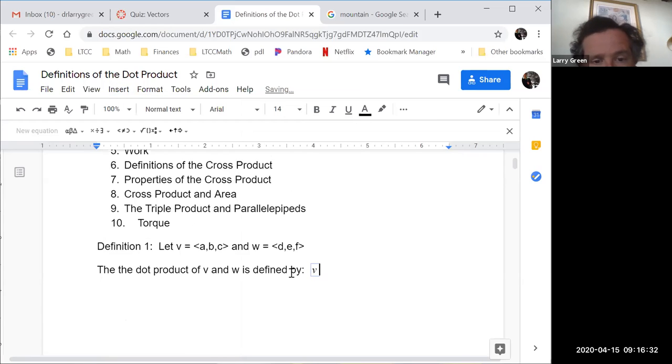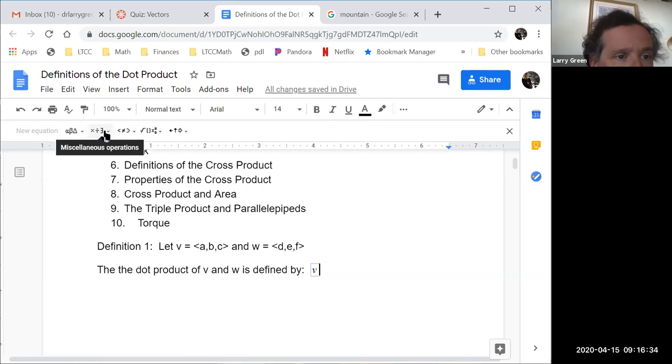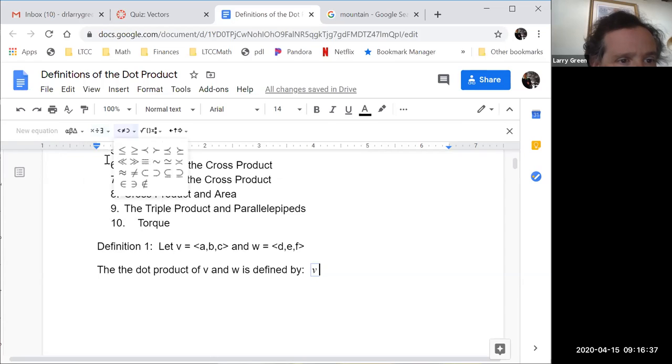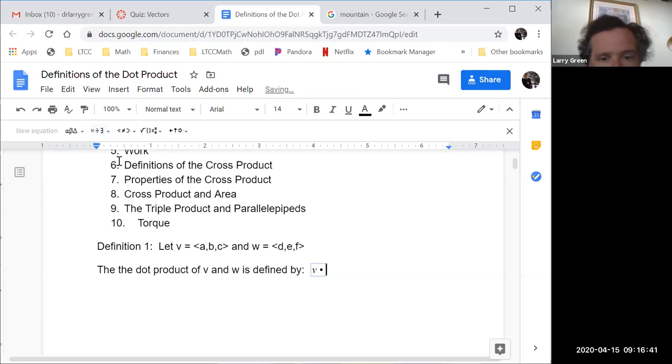We're going to have a V and then dot. Let's see if it allows me to dot. Yep. Dot W is equal to AD plus BE plus CF.